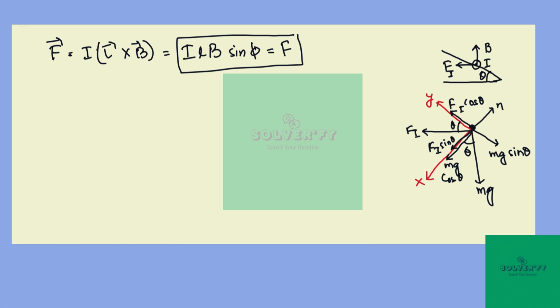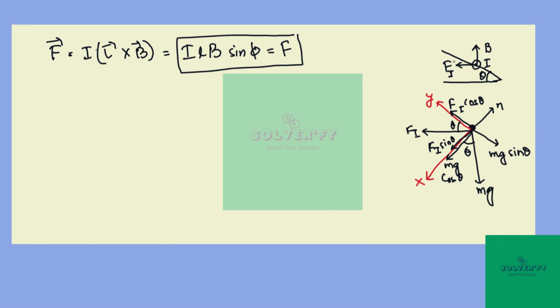Now, for the wire to remain at rest, the net force on the wire should be zero. That is, the force exerted on the wire by the magnetic field must have a component directed up the incline. So, like that. There should be a component of force along this direction.